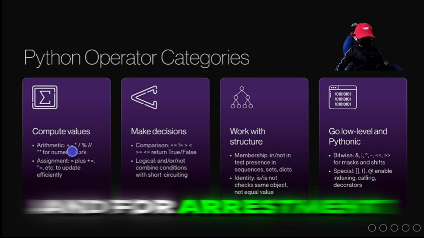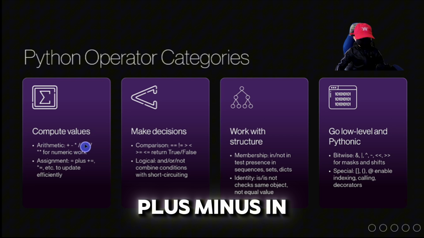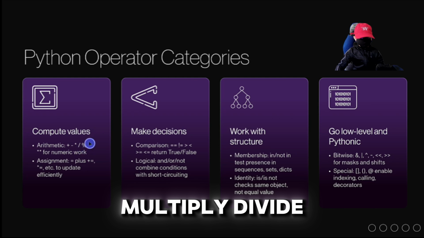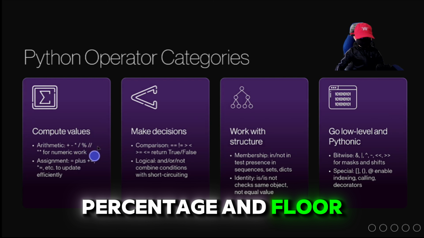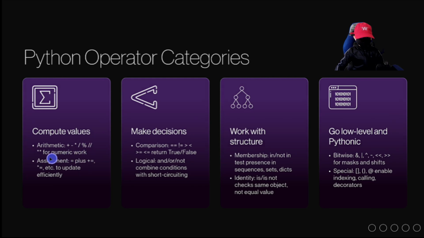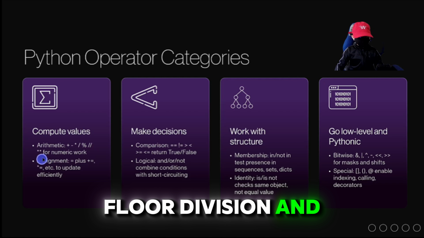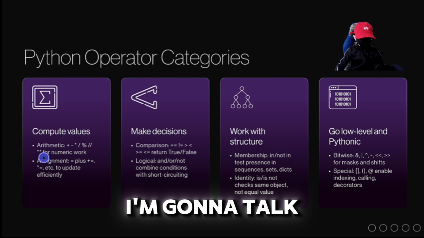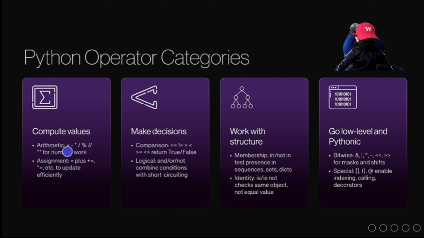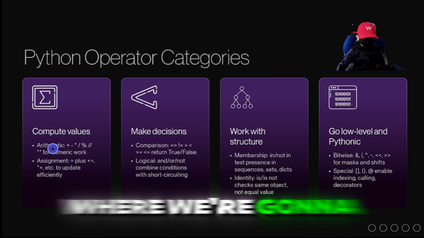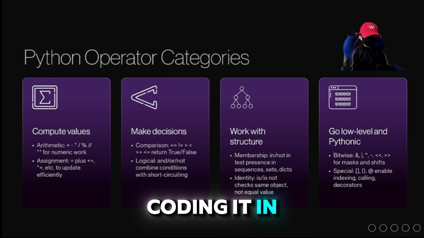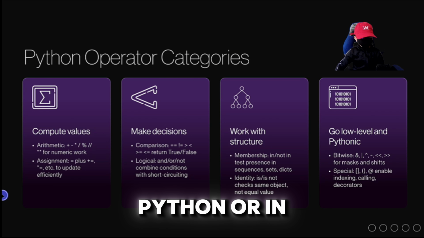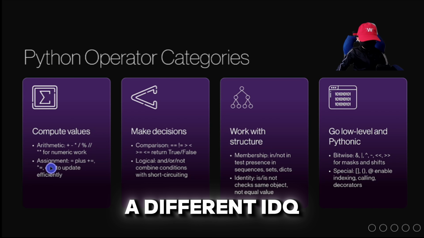For arithmetic, we have plus, minus, multiply, divide, percentage, and floor division. I'm going to talk about this in the other class where we're going to work with coding it in Python or in a different IDE.